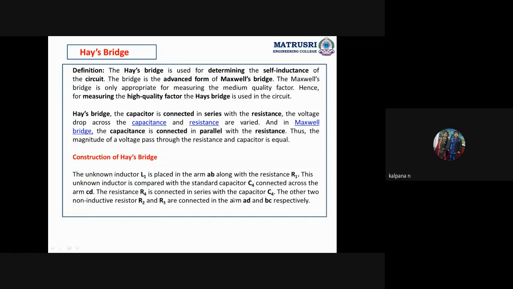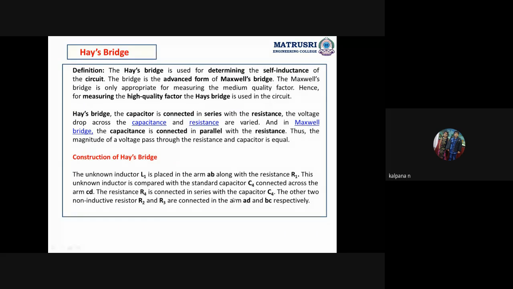Why are we going for the Hayes bridge? The Maxwell inductance capacitance bridge is used to find quality factors up to 10. Quality factor tells the quality of the resonance circuit. If inductance is present, resonance will occur due to that inductance.